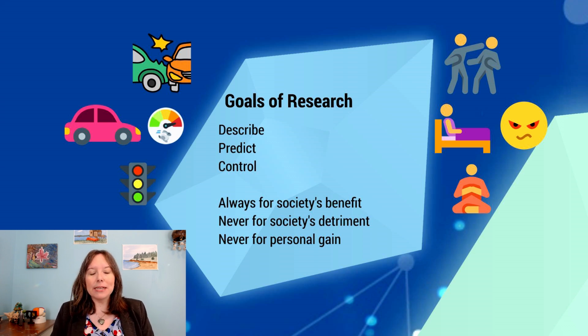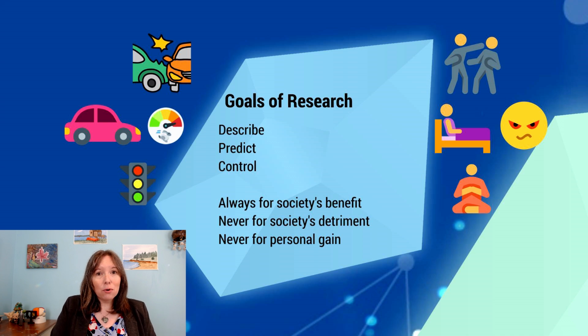Another example could be describing someone who is aggressive. You might be describing prevalences of aggression in society. How many people have encountered a physical altercation with another human? Once you describe that phenomenon, then we can start to look at predictions. If somebody is involved in a physical, hands-on altercation, what were some of the attributes that led up to that? Perhaps they didn't get enough sleep and they were very cranky and tired. Perhaps they have a hard time regulating their emotions.